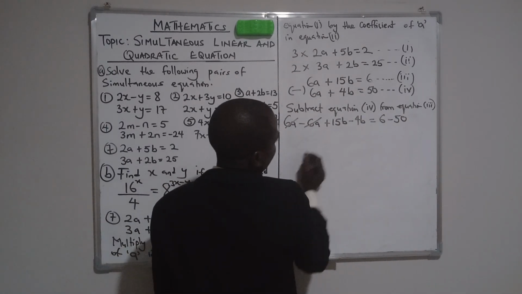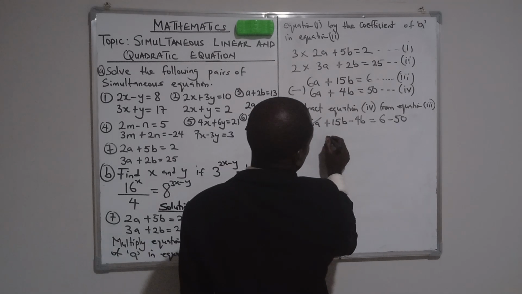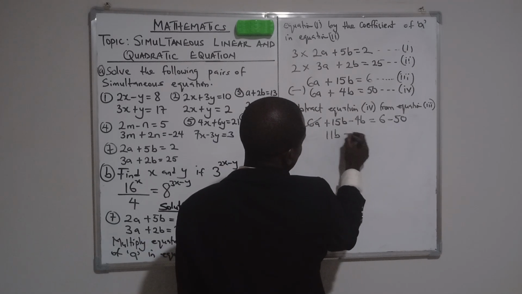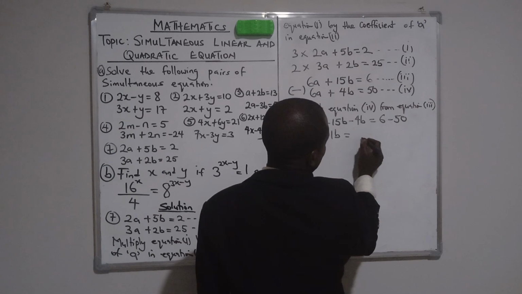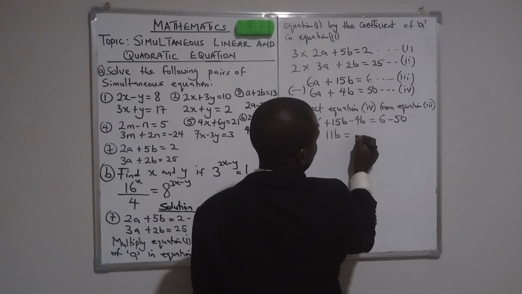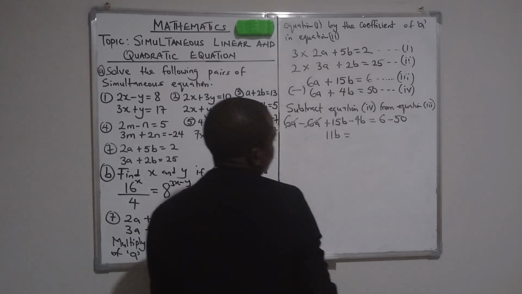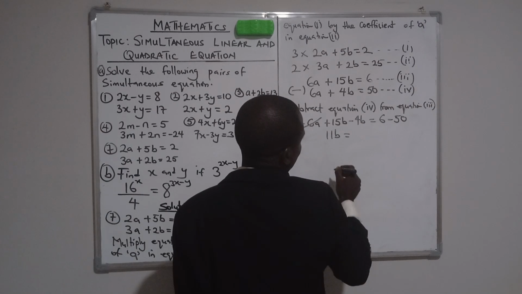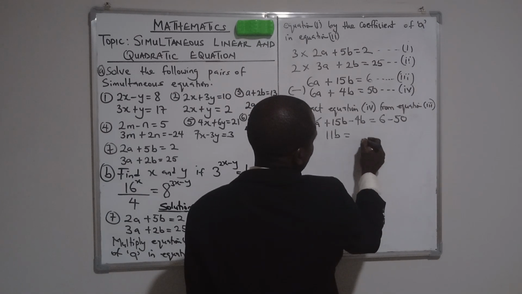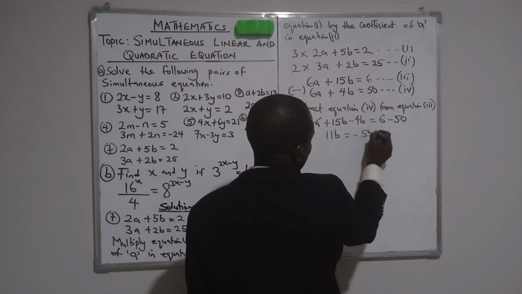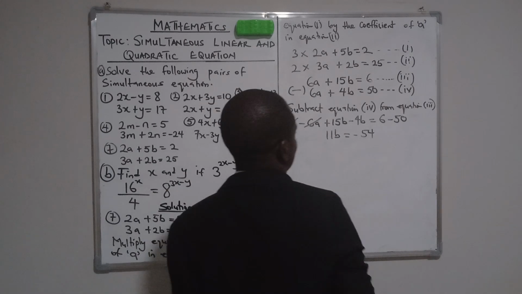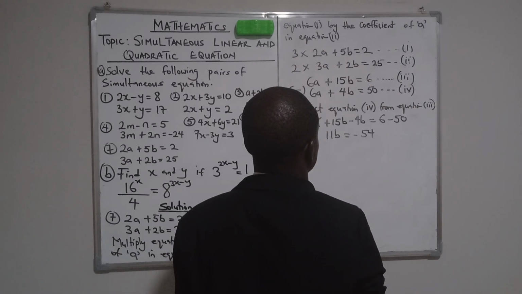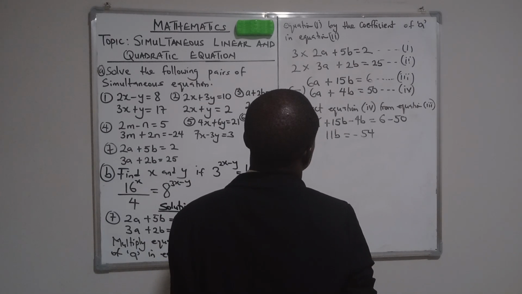This cancel out. 15b minus 4b, that's 11b. 6 minus 50, let's look at it very well.